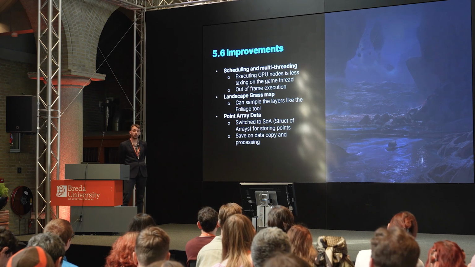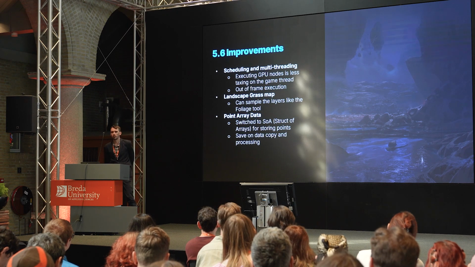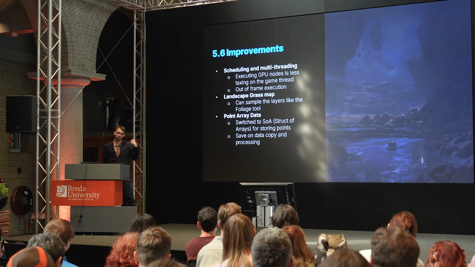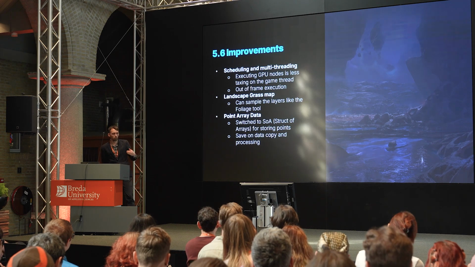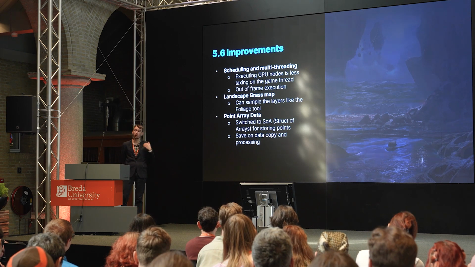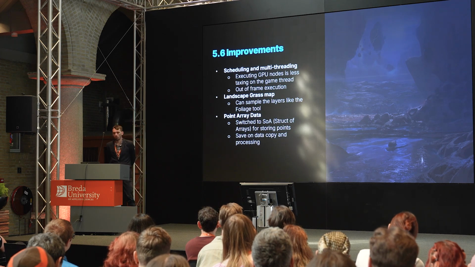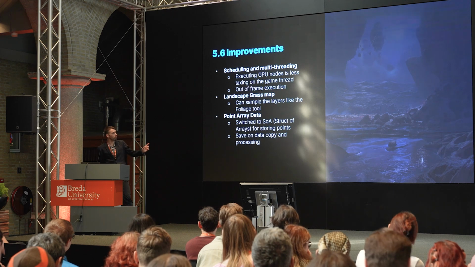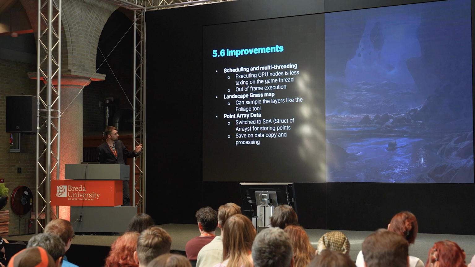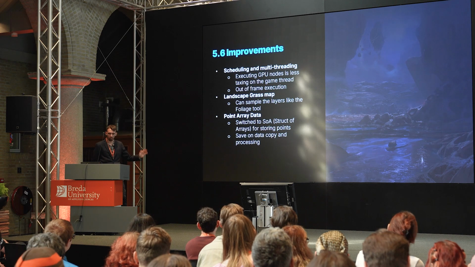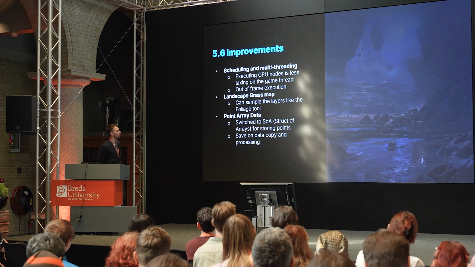This will save a lot on the data copy because right now in PCG, all the inputs are constant. So when you do any modification onto the points, we need to copy all the points. With structured arrays, we will save a lot of time on the copy. And because of the data locality, if you are processing all the positions of the points, for example, it could also be faster on the processing. But it's mostly on the memory saving that we have gains.